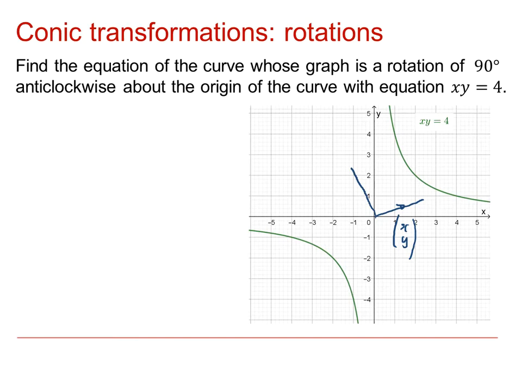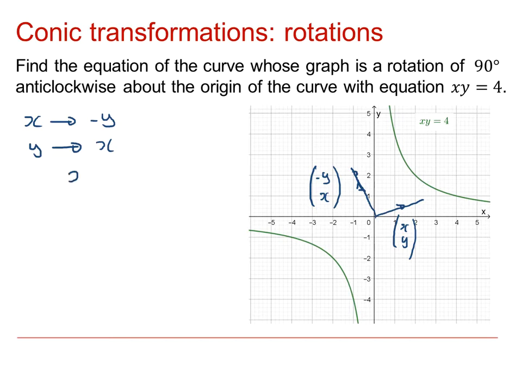And that is going to come to the vector (negative y, x). Now that tells us what we need to do to produce the new equation. We need to substitute for x, negative y, and for y, x.